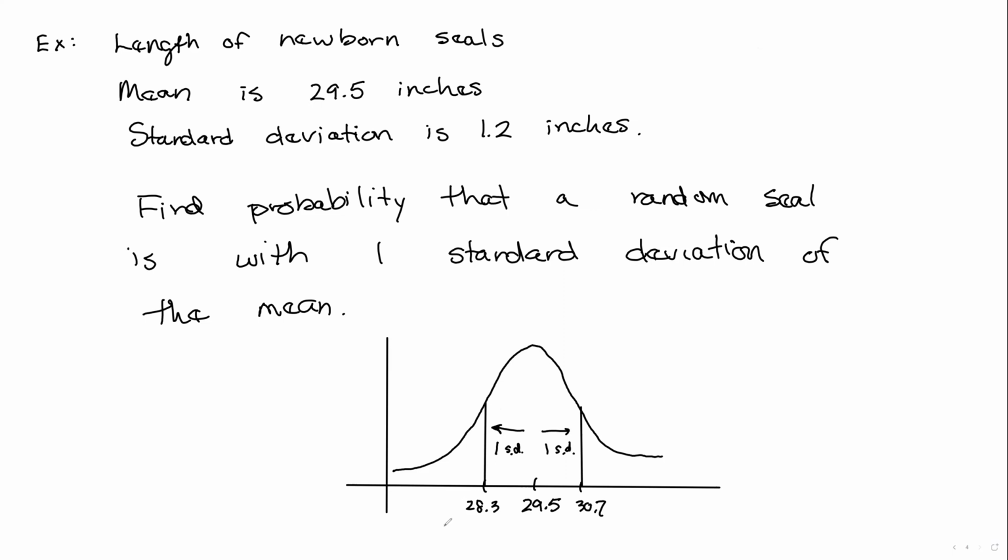Now, if you're getting flashbacks to earlier in the course where we talked about the empirical rule, that's a good thing, because all of this does connect with the empirical rule. The normal distribution does match with the empirical rule.